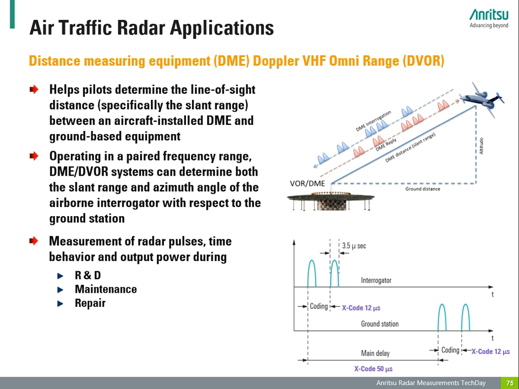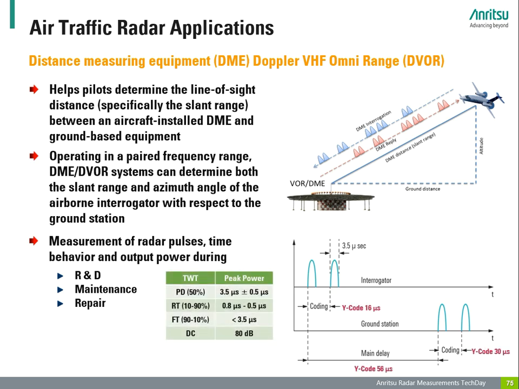Each channel has two different codings, the X and the Y codings, which differ with regard to their pulse spacing. To limit the bandwidth of the DME signal to a channel width of 1 MHz, the envelope of the pulse is Gaussian shaped. The table shows the required parameters. Just to mention, DME can provide an accuracy up to ±60 meters.